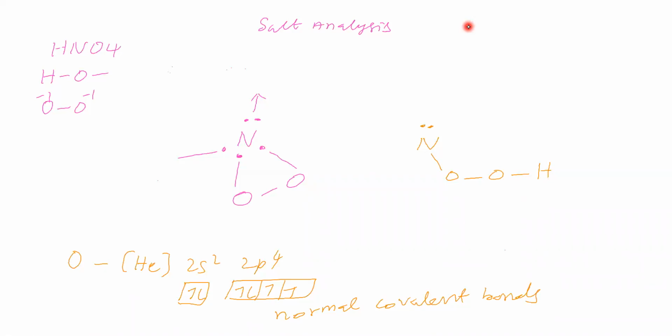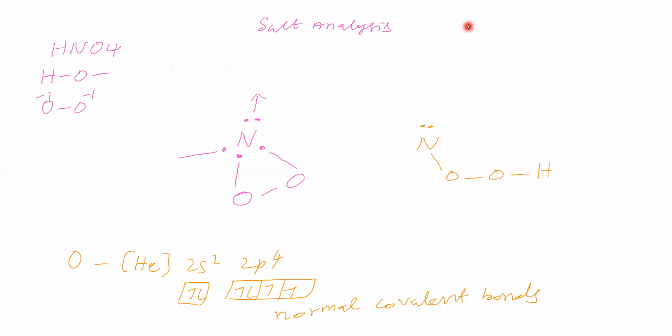Here in this HNO4, one peroxy linkage we have given, O single bond O is called peroxy linkage. We can give like this. Another possibility, peroxy linkage O single bond O we have given like this. Out of these two, which is correct? How to elucidate the structure?